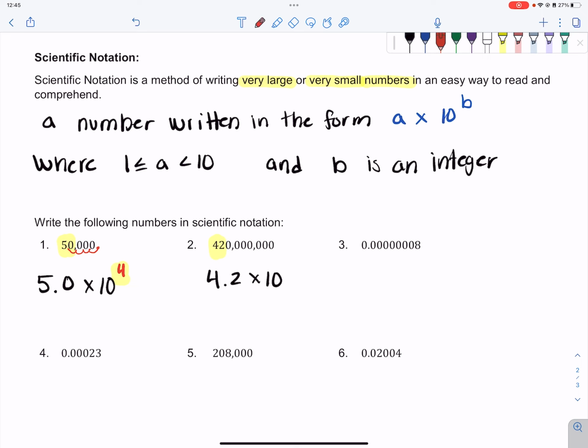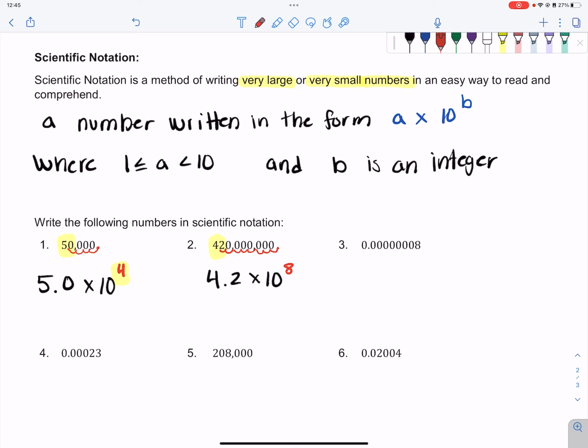This means I'm going to count the number of spaces I would have to move the original decimal place in order to make it so it's where I want it to be after the 4. So we have 1, 2, 3, 4, 5, 6, 7, 8. So that means I am going to have 10 to the 8th power. So in scientific notation, it's going to be 4.2 times 10 to the 8th.